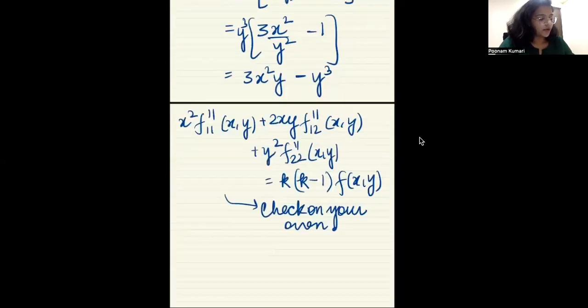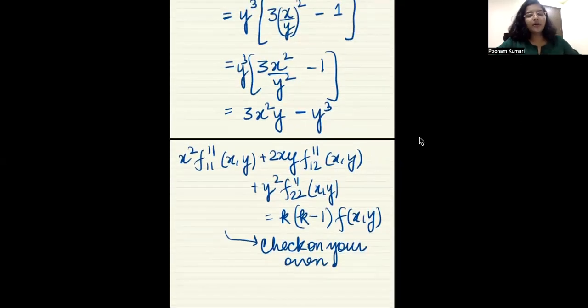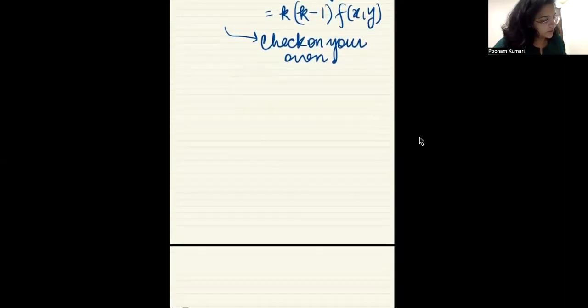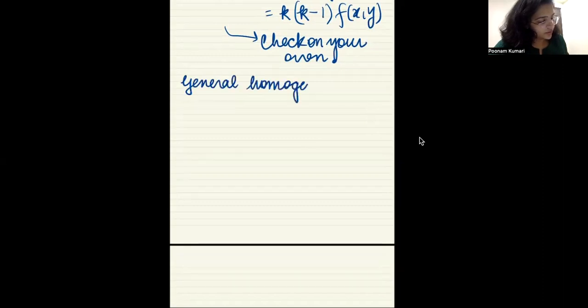Yes, ma'am. Now, since we've talked about homogeneous functions in two variables, it's time to extend this idea and talk about what would be a general homogeneous function. So now we need to talk about general homogeneous functions.